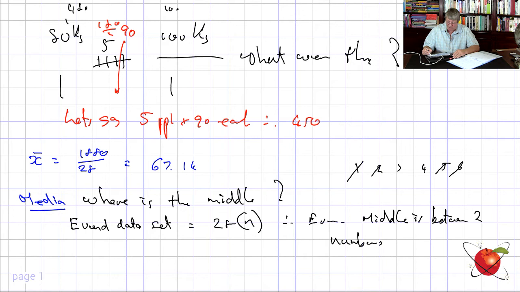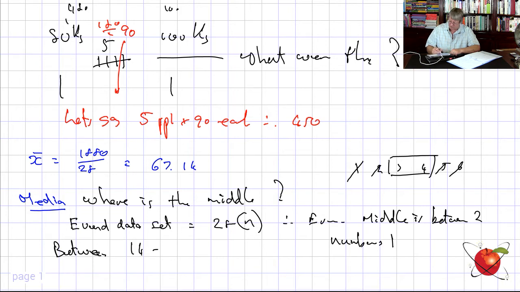And if it was even, 6, it meant that it was between number 3 and number 4. So it's the middle of 2. We take 6 over 2 and the next one up. So in this case, it's between number 14 and 15, correct? It's between number 14 and number 15.